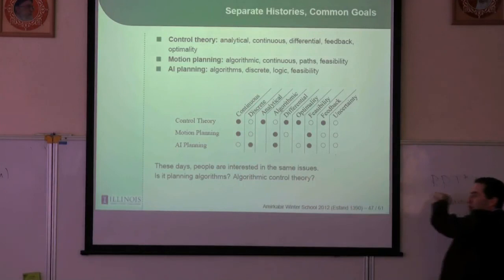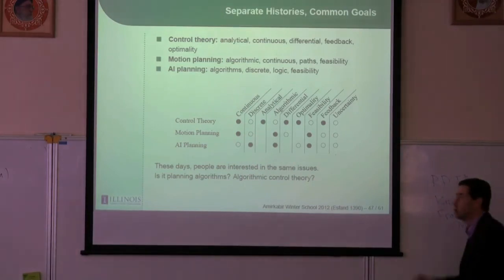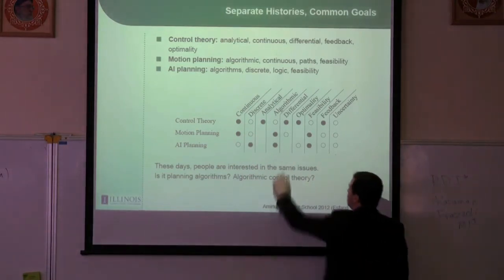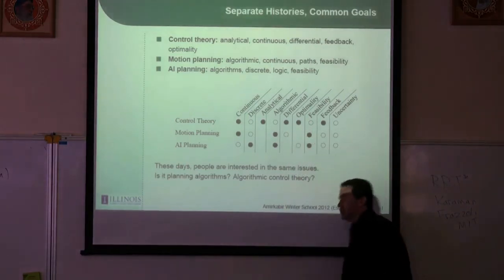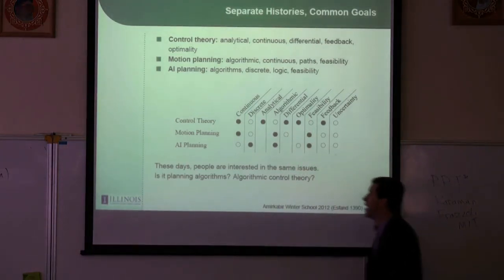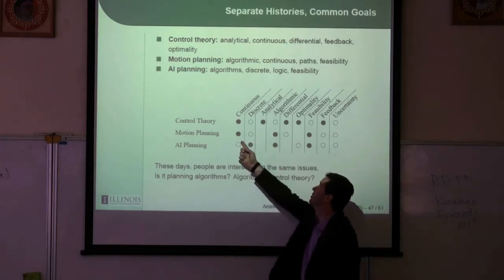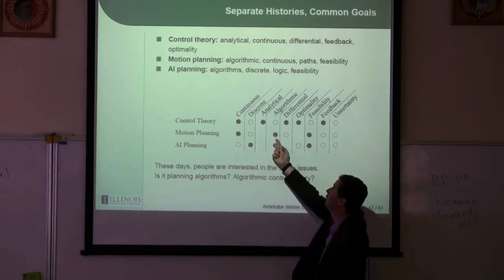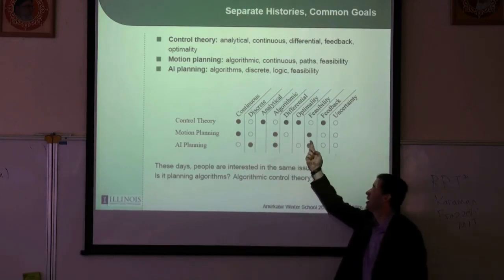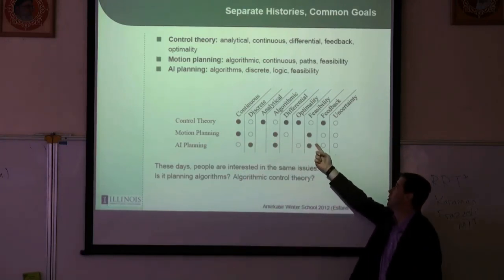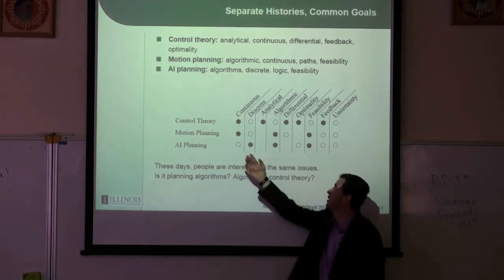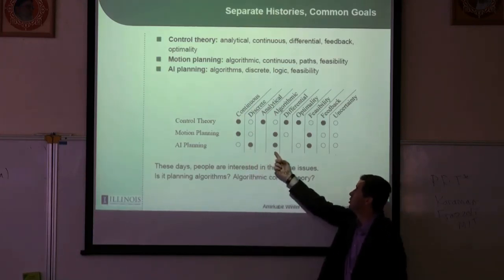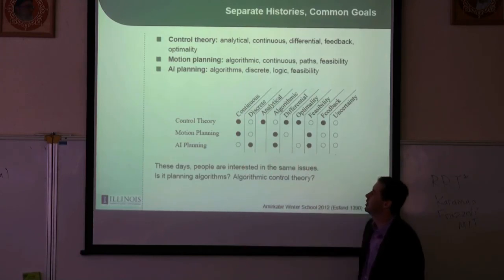It's a mathematical formula for the solution to a differential equation. They use differential equations, they care about optimality a lot, and they know feedback is essential for everything. Motion planning, however, is continuous space, but very algorithmic instead, and they only care about feasibility for the most part, not optimality. And then AI planning starts off discrete, also algorithmic, also feasibility.